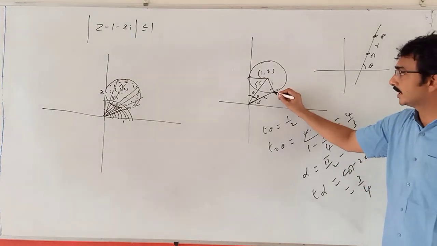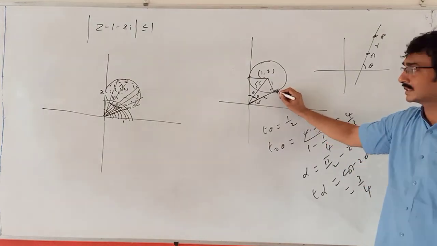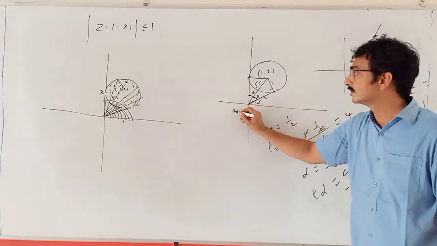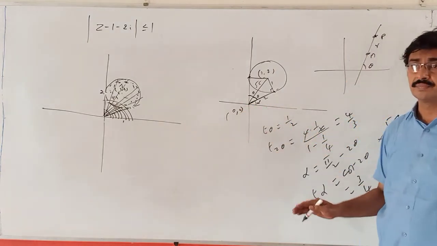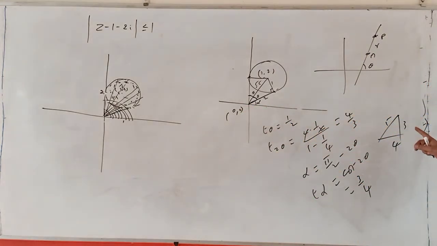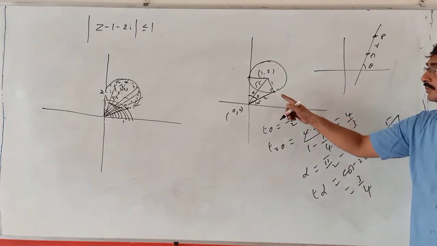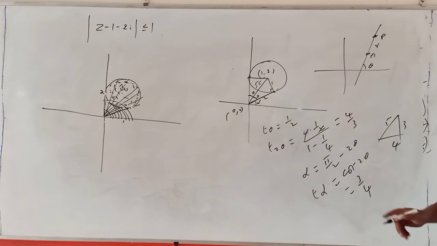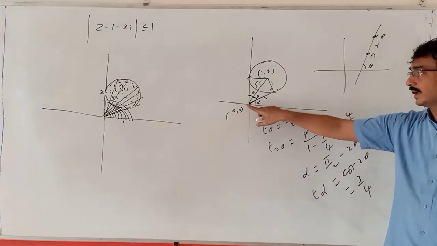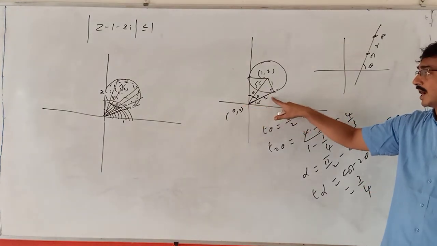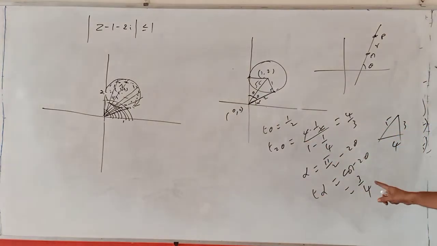Therefore, this point is at a distance of 2 units from origin in the direction having inclination tan alpha 3 by 4. Formula for that: x1 plus r cos theta, y1 plus r sin theta. X1, y1 is 0, 0, and theta satisfies tan alpha equal to 3 by 4.